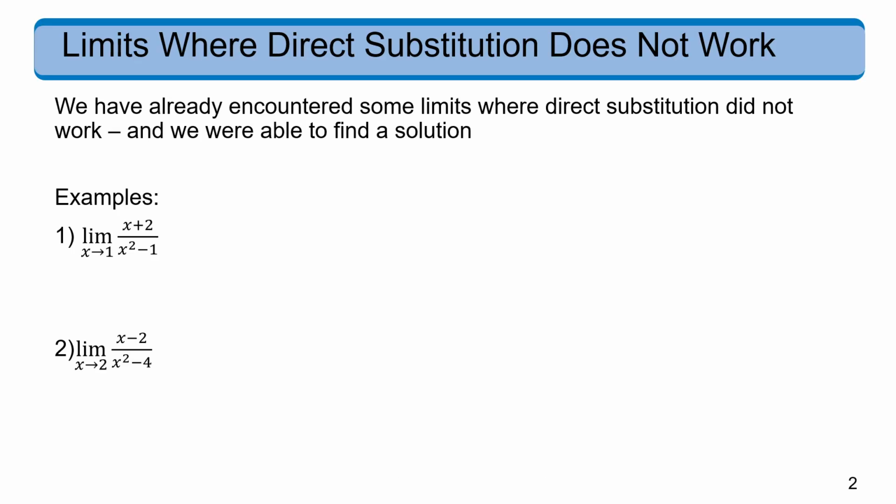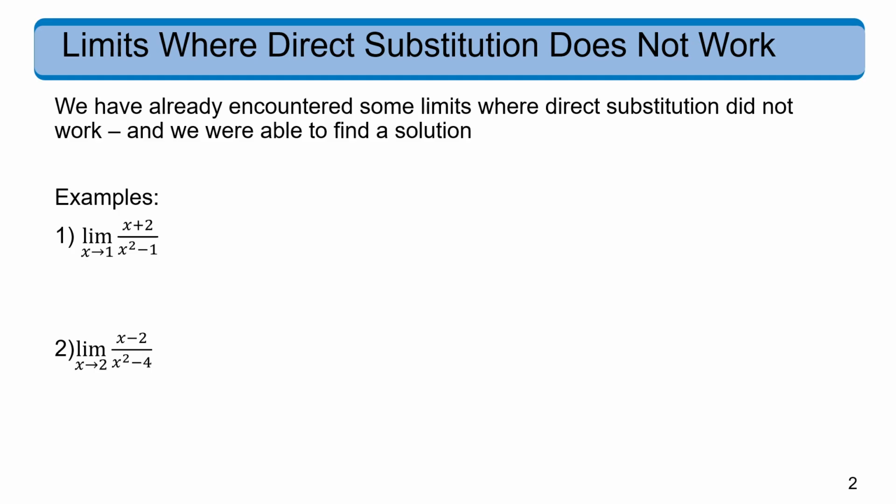When we studied limits earlier, we saw that we always try to use direct substitution. That's the easiest way to evaluate limits, but it doesn't always work. If it's a piecewise function, we know we can't use direct substitution, but for our other types of functions, we always try direct substitution first.